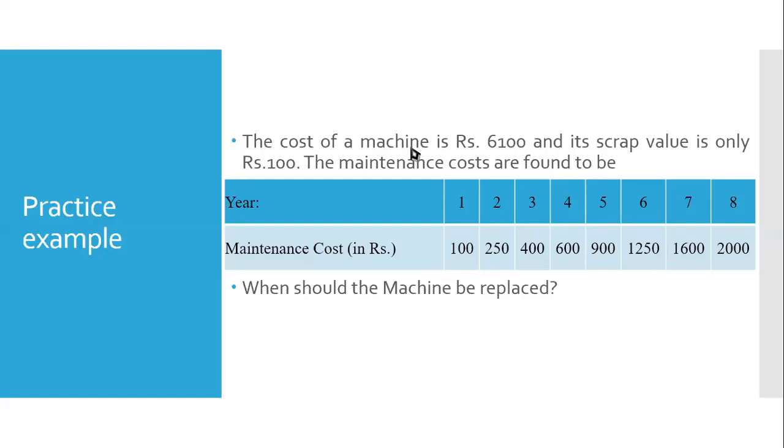I need the average cost for the first year. Yes, it is right, Bhavya. It is exactly 6100. Similarly, find out the average cost for all the years and give me the answer at which year we are supposed to change the machine.